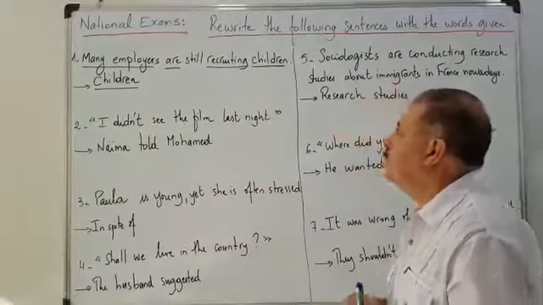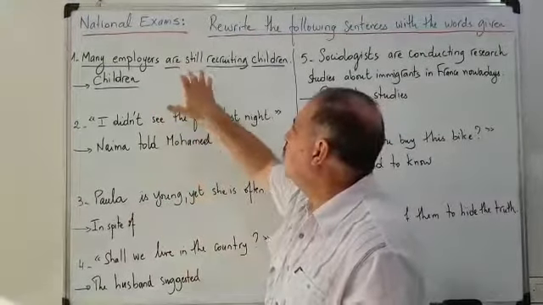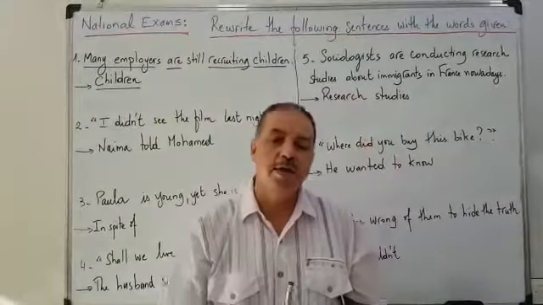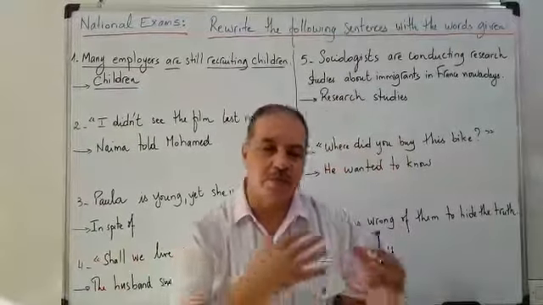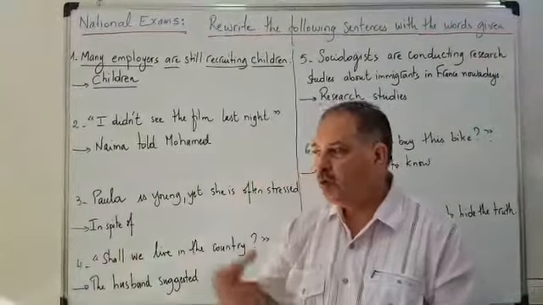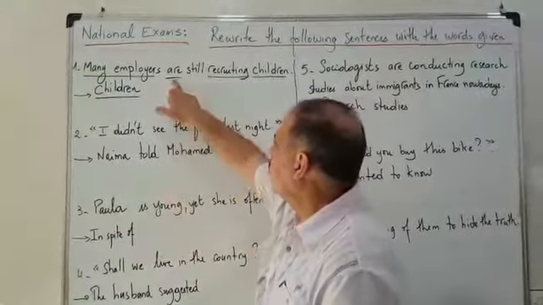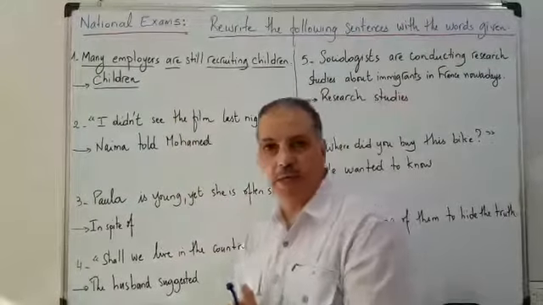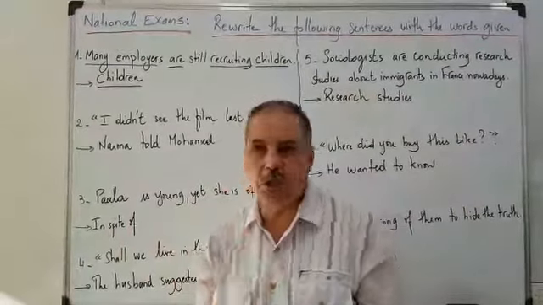Pay attention when moving from active to passive with a compound tense. By compound tense I mean an auxiliary and a verb, because there are simple tenses and compound tenses. This is present continuous. So we have to keep the same tense in the passive voice, but we need some changes.